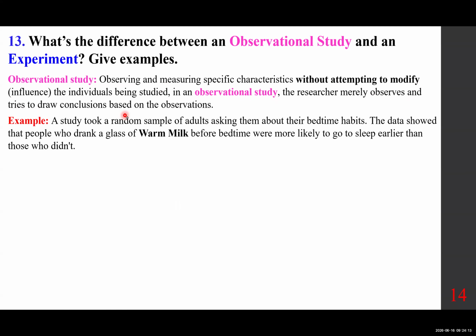Here's an example. A study took a random sample of adults, asking them about their bedtime habits. The data showed that people who drank a glass of warm milk before bedtime were more likely to go to sleep earlier than those who didn't.